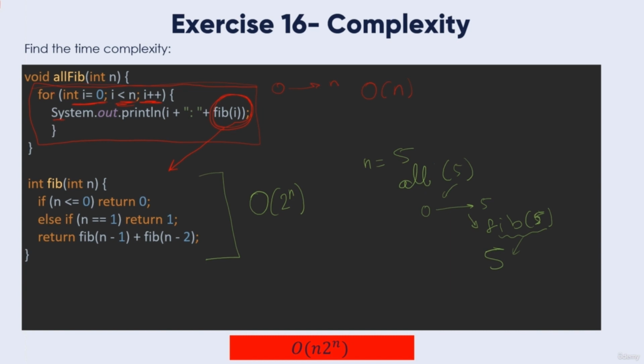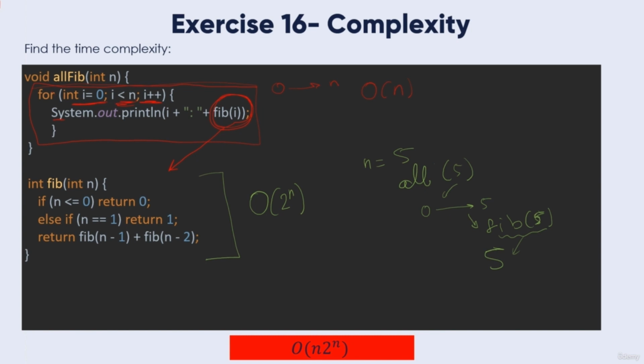And we are going to execute i: 0, 1, 2, 3, 4. So 4 will give us 5. The fourth element in Fibonacci, or the fifth element, would be 5.